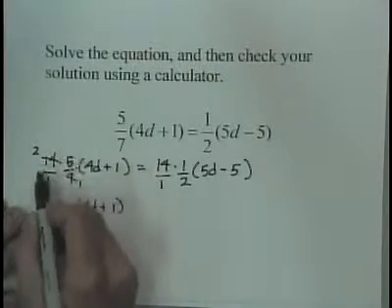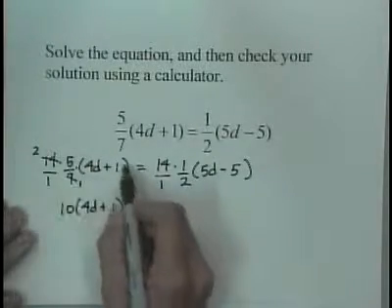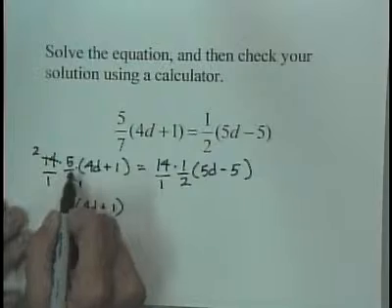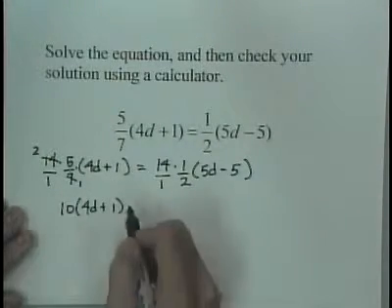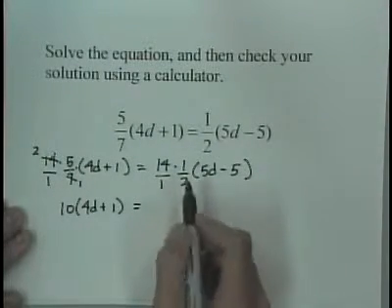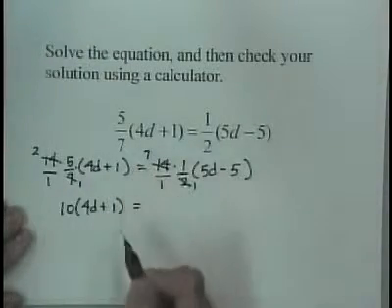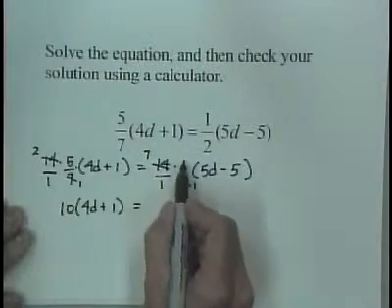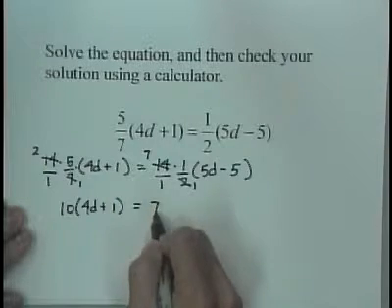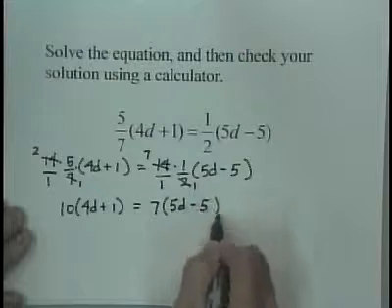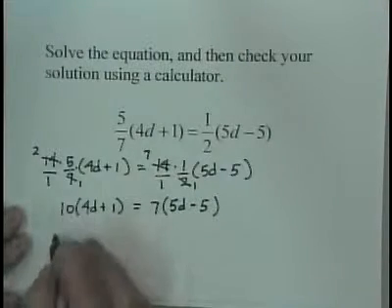The 14 multiplied by the whole side of the equation by multiplying by the fraction in front of the parentheses. Doing that same thing over here, I'm going to simplify a common factor of 2 in 14 and 2. Multiply 7 times 1, which is 7, over 1. And here's the equation that I need to solve.